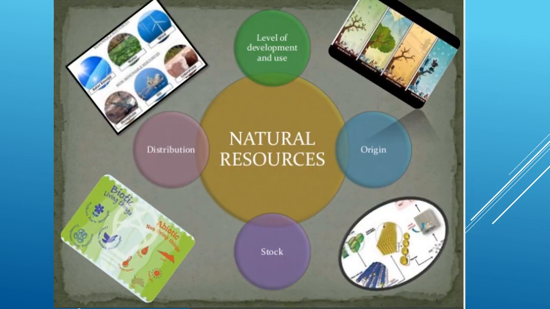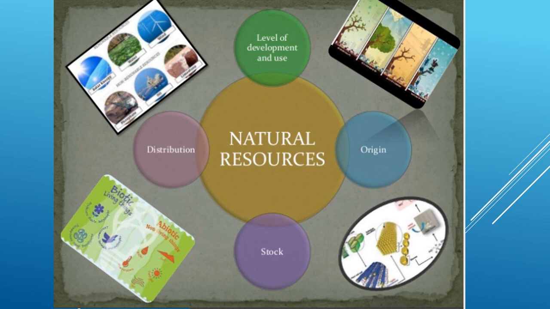Now, natural resources are further classified into four categories. First is level of development and use. These resources are known as potential and actual resources. Second is on the basis of origin, biotic and abiotic resources. Third is on the basis of stock, renewable and non-renewable resources.